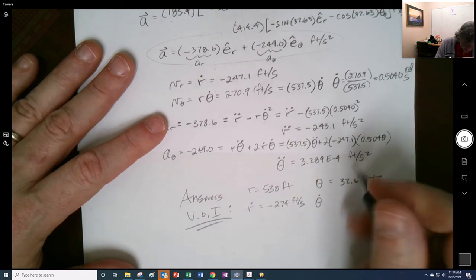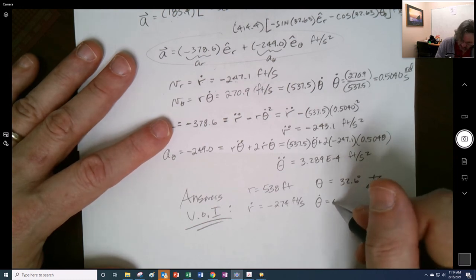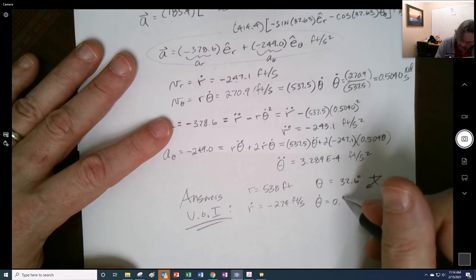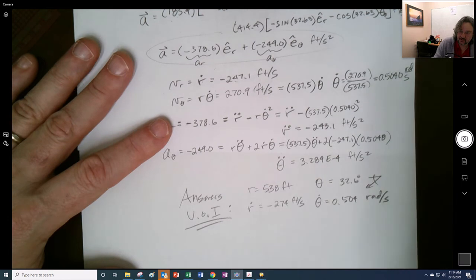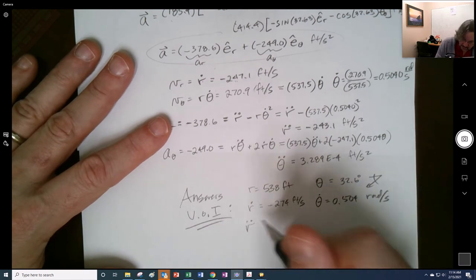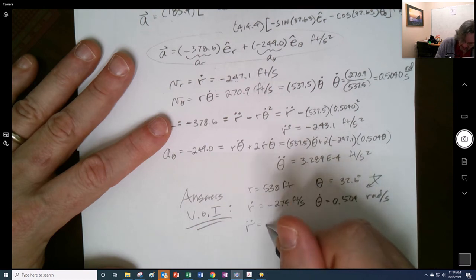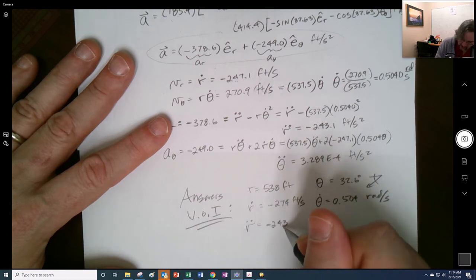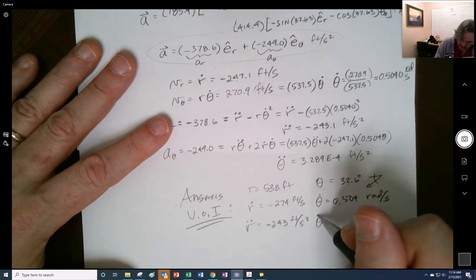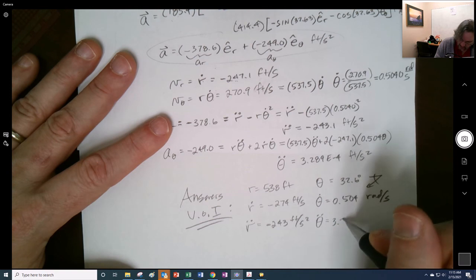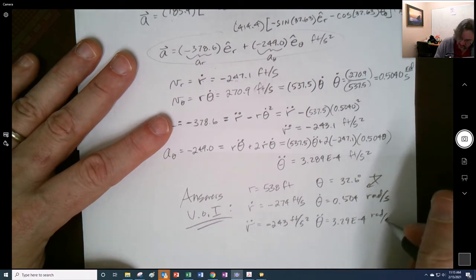Theta dot is, we should write this out as a clockwise, but we'll just go ahead and keep it as a positive means counterclockwise. R double dot is a negative 243 feet per second squared, and theta double dot is the very small 3.29 e minus 4 radians per second squared.